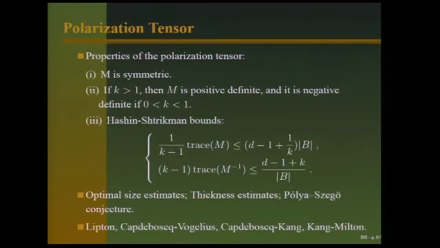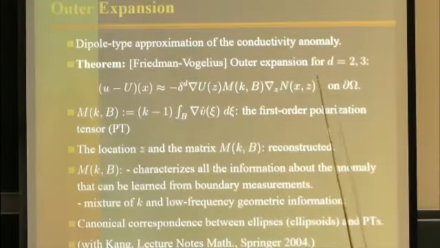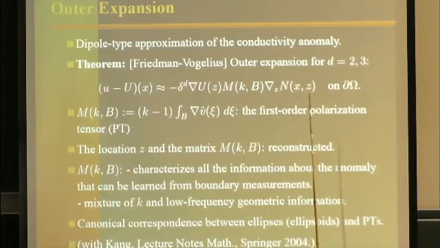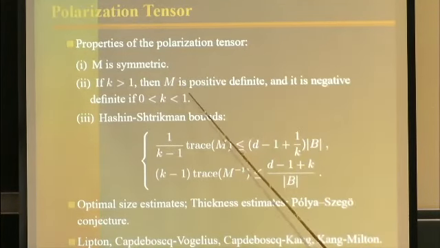Because the polarization plays an intriguing role, we have to understand all the information contained in M. It's a 2 by 2 matrix in dimension 2, but it tells a lot of things about the inclusion. It's a symmetric matrix.